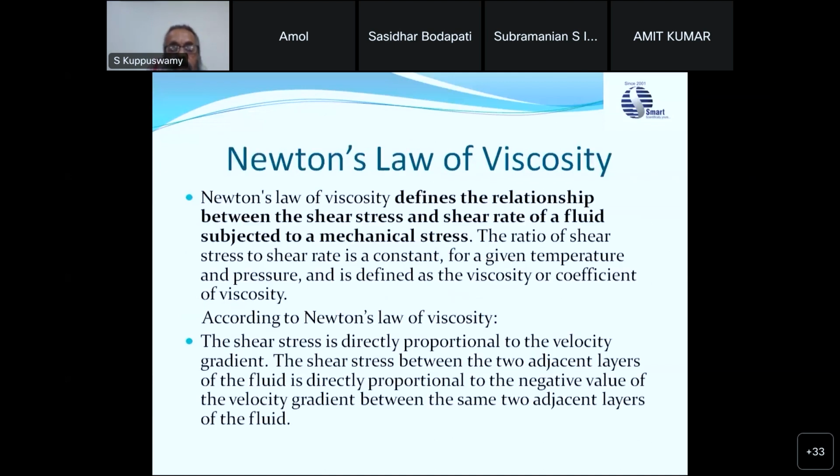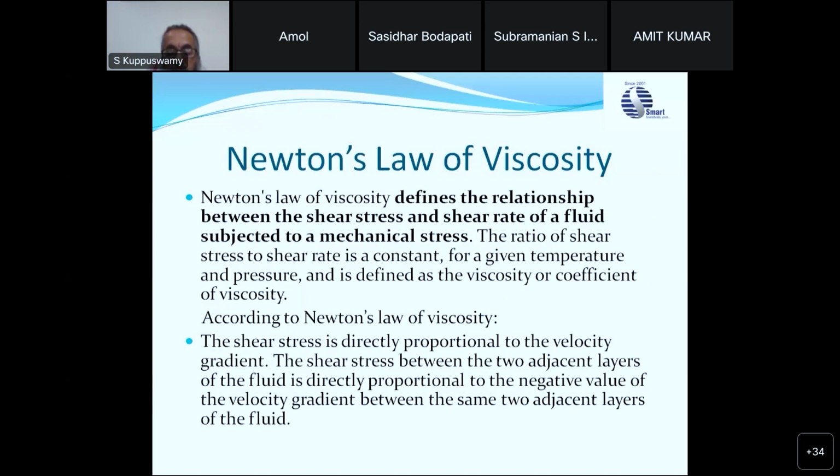Okay, this is very important: Newton's law of viscosity. It defines the relationship between the shear stress and shear rate of a fluid subjected to a mechanical stress. The ratio of shear stress to shear rate is a constant for a given temperature and pressure and is defined as the viscosity or coefficient of viscosity.